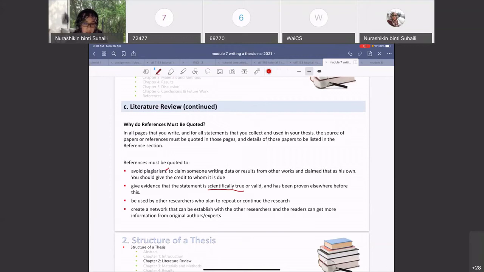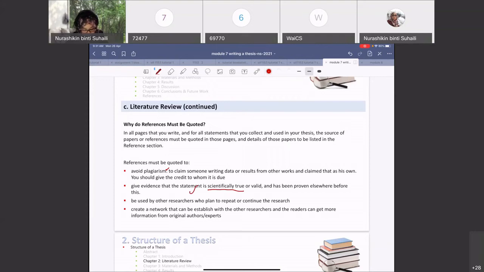Whenever you state certain points that come from a source, it gives evidence that it comes from legit sources. Because in science we need something that is valid, not ambiguous, and reliable, the information.